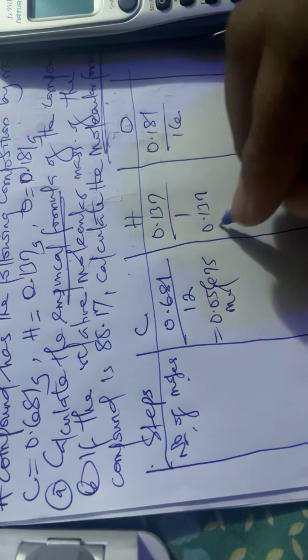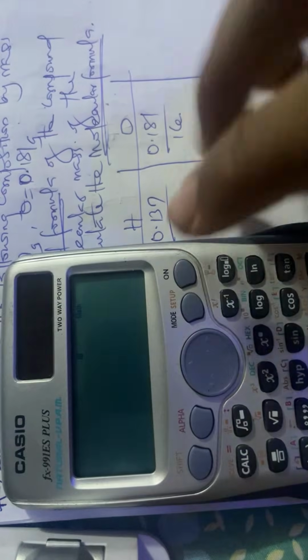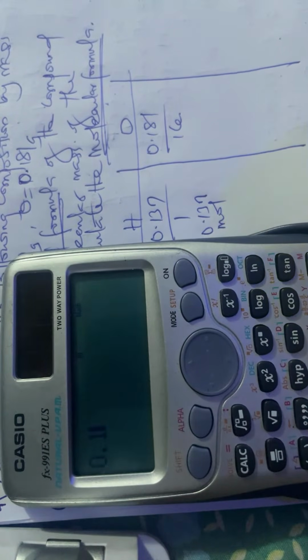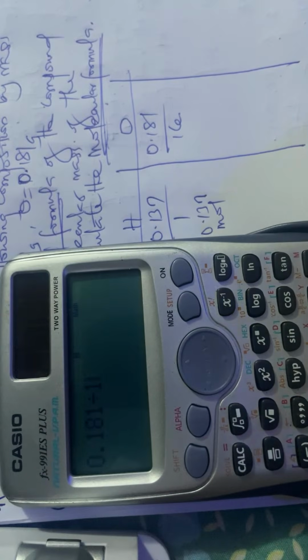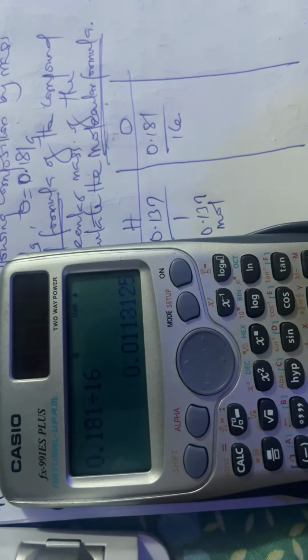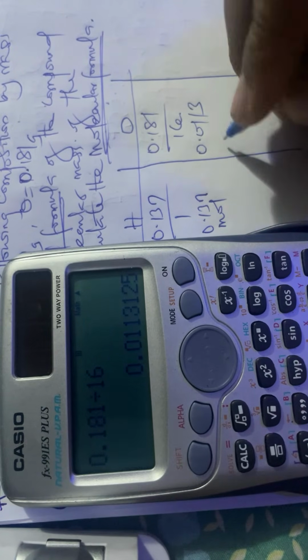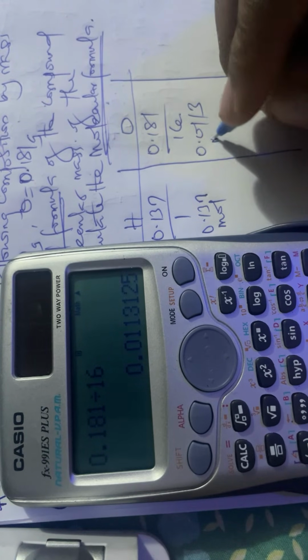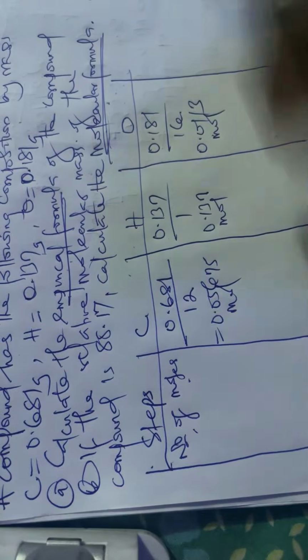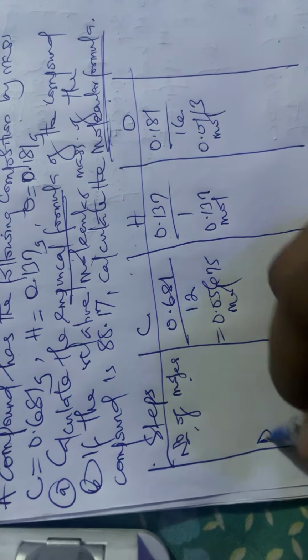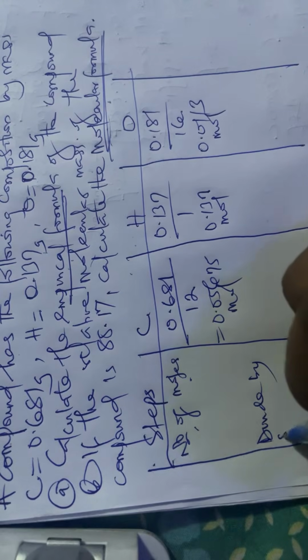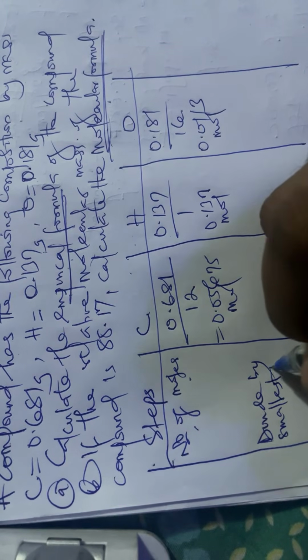So now 0.181 divided by 16 will give us 0.0113 mole.